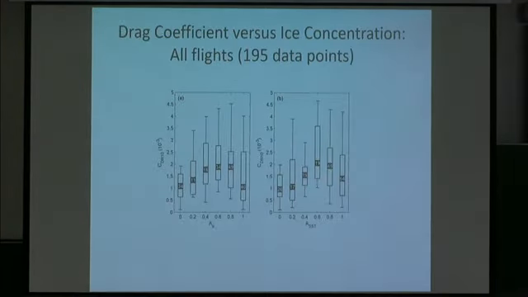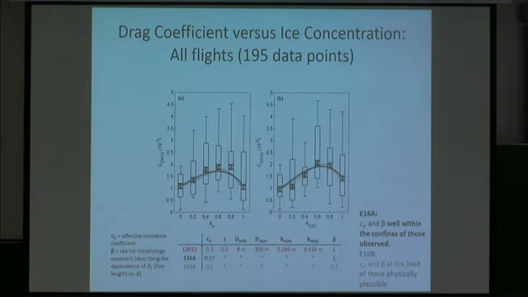That seems to be broadly represented when you look at all the data compiled together. So we've got relatively low drag coefficients over the open water, increasing to a maximum value around ice fractions of 0.6 to 0.8, and then decreasing again to a value of just over 1 for the solid sea ice conditions.